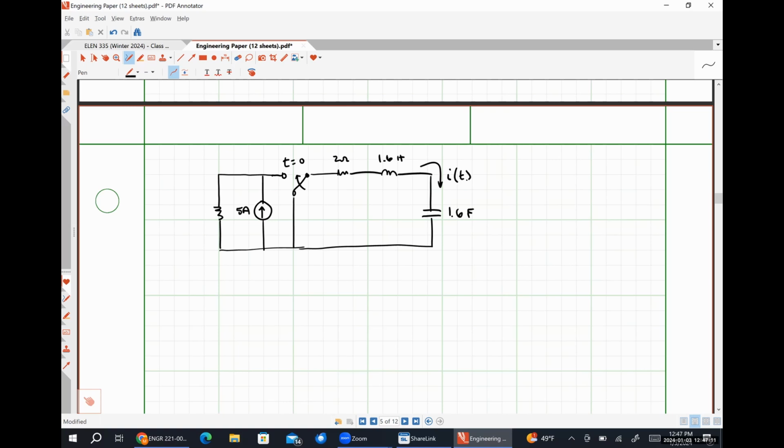So for this one, I'm working it as a total response problem. So we had no energy stored at t equals 0 minus, and then we'll see that it's going to charge as time goes on. That being said, that will make a difference here. So let's make this a 1 ohm and that one a 1 ohm, so that the equivalent resistance is going to look like 2 ohms, which is what we settled on earlier.